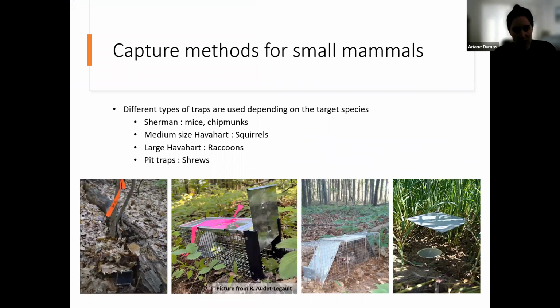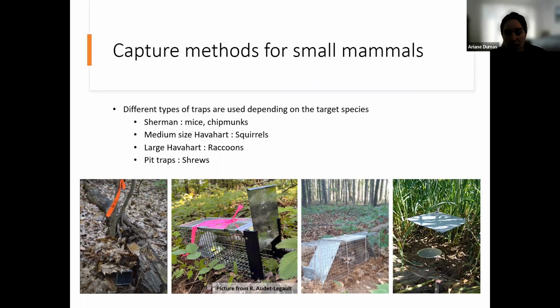I will start with the methods for small mammals. We can use different types of traps depending on the target species. On the left, you have a picture of a Sherman trap, which is the one we commonly use to capture mice.